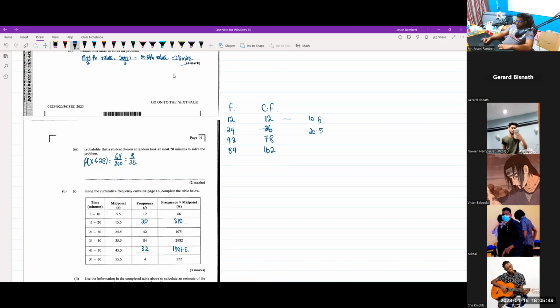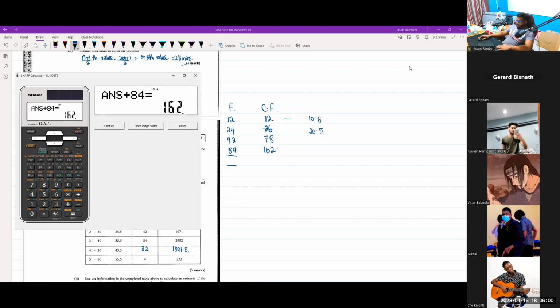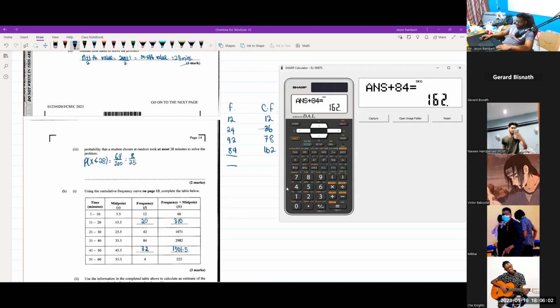Now 162 plus this number here. Well, given that we get 24, we could find out that one easily, correct? First, I had 20. And 32 was the remainder. So I'll just have to add 4 there. So I have to take away 4 from this here. No, I got 38.